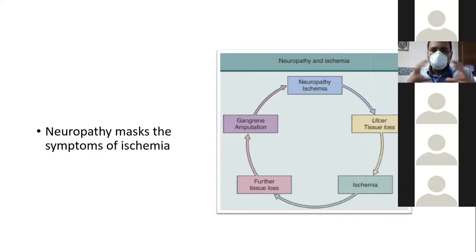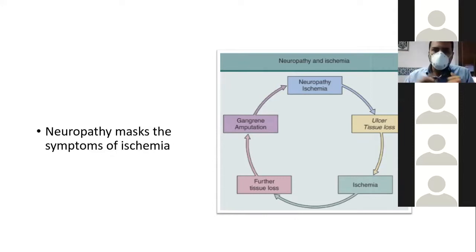But due to associated neuropathy, patients in diabetes do not present with typical intermittent claudication. The very first presentation may be tissue gangrene, or an ulcer which is non-healing. This is the first thing in history you have to understand.